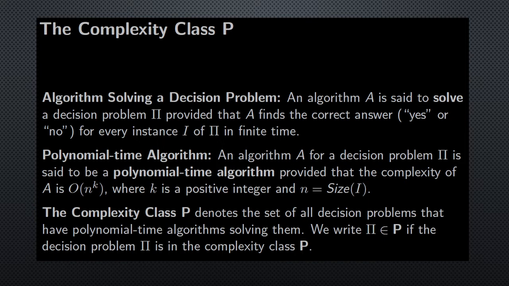So if we have an algorithm that solves this problem pi for all possible inputs of size n, all possible inputs that I can write down using n bits, and I can solve all those inputs in at most order n to the k time for some positive integer k, then I have something that's polynomial time. And I want to pick a single k that works for all possible sizes n.